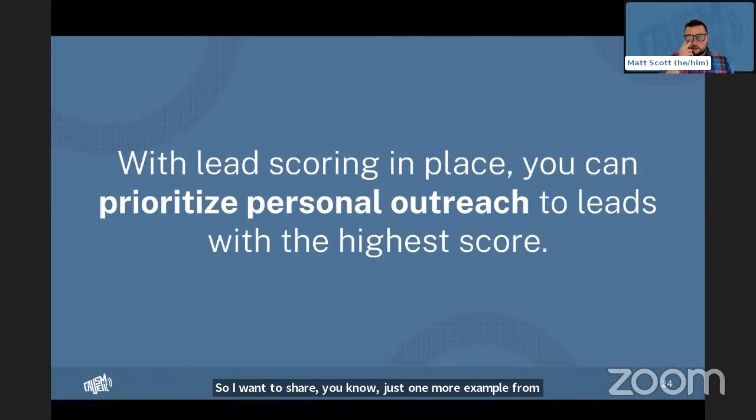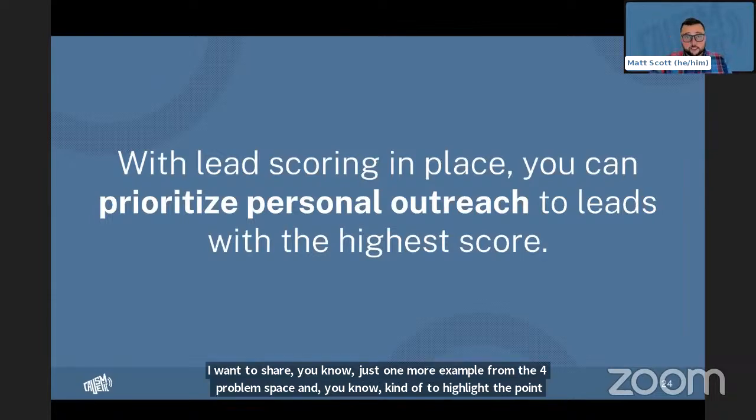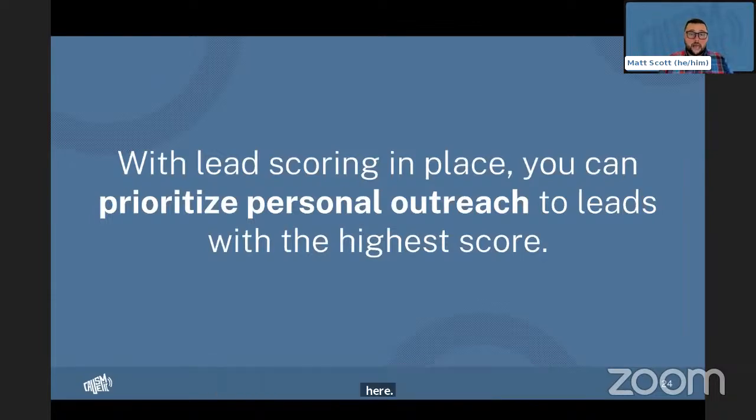We use predictive lead scoring here at CauseMic to determine which of our leads are most interested in growing their revenue and their impact at their nonprofit, because they're the ones who are most likely to buy our services or to need our help. So we determine this based on things like nonprofit size, where they're located, and what category they're in.